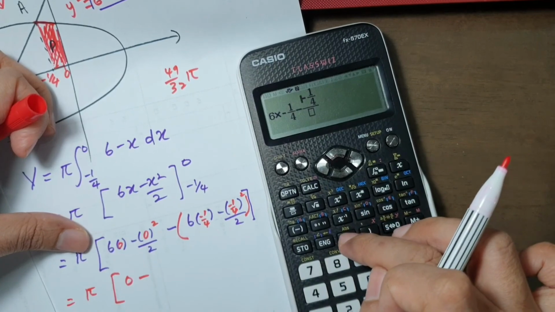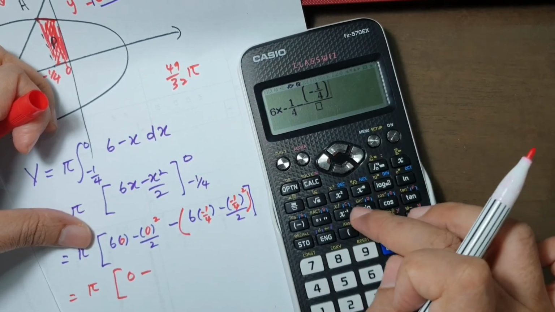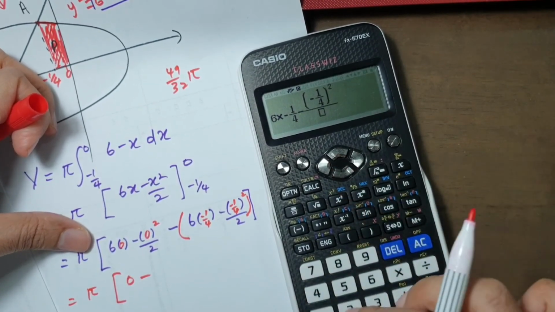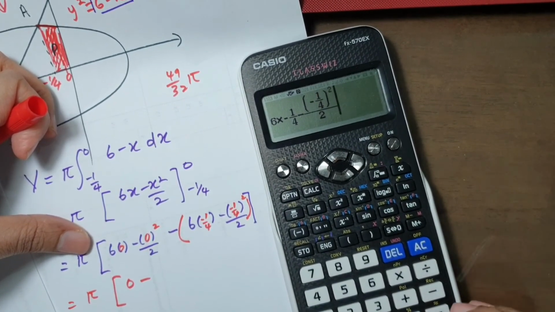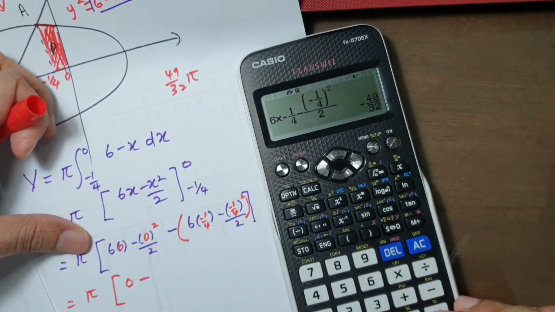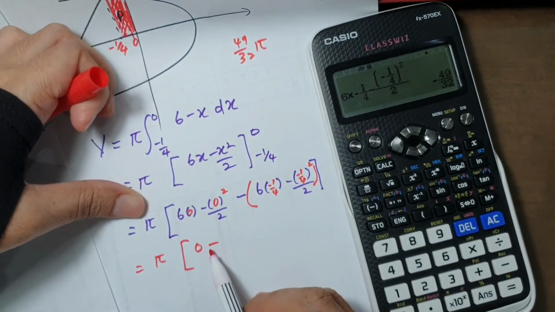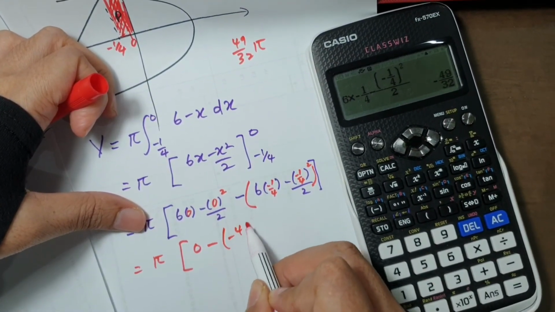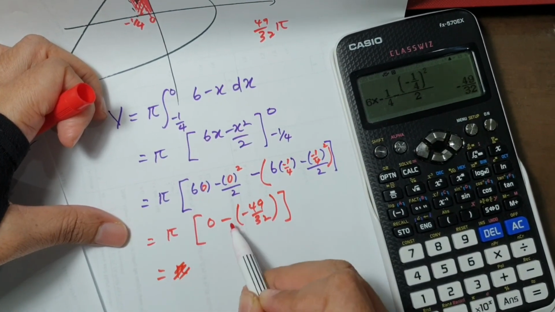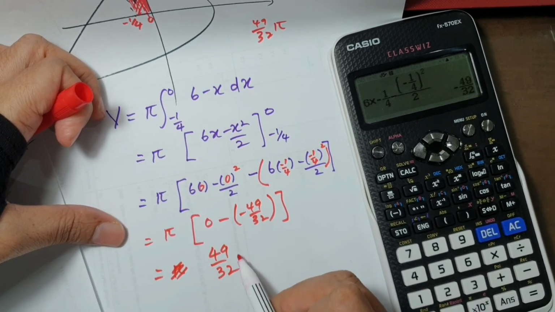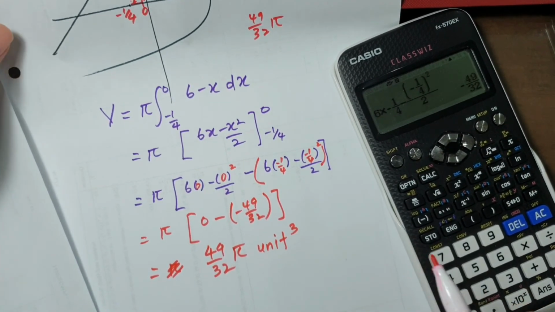Letak dalam bracket lah sebab dia kena square. Over 2. Tekan negative 49/32, tapi sebab ni kan negatif, so negatif dia jadi positif lah. So okay, ni 49/32 pi. Apa unit dia? Sebab dia volume, cube unit. Settle. Okay, done.